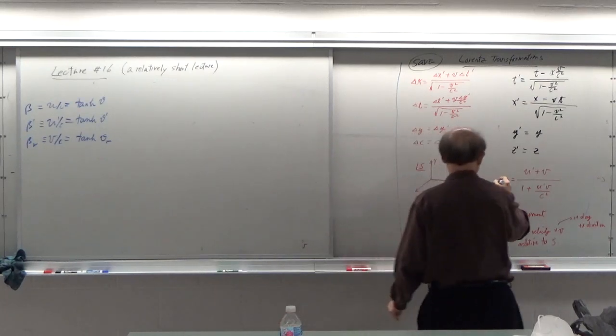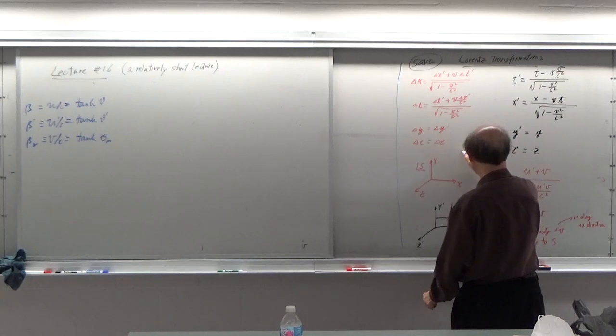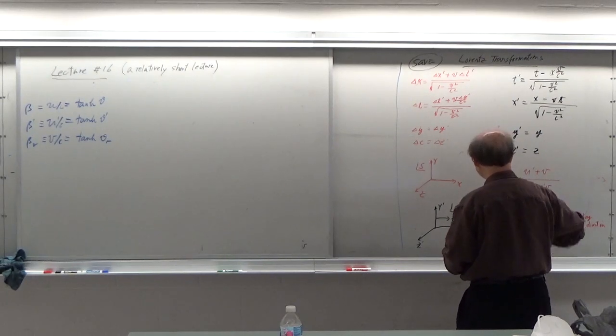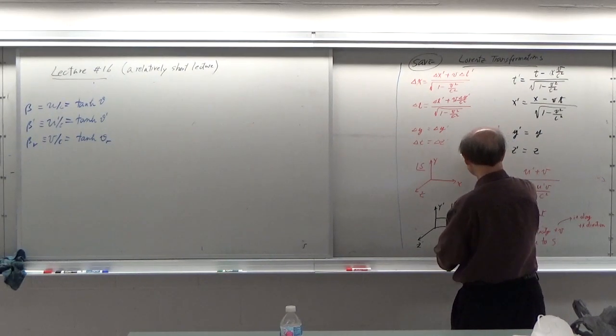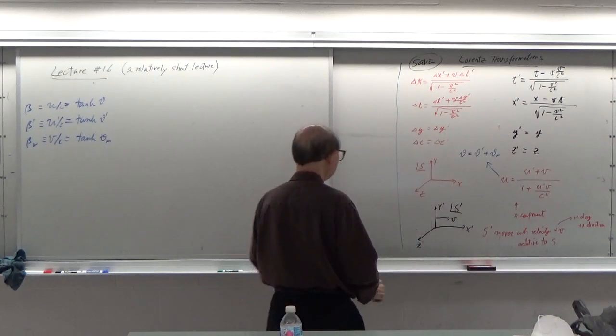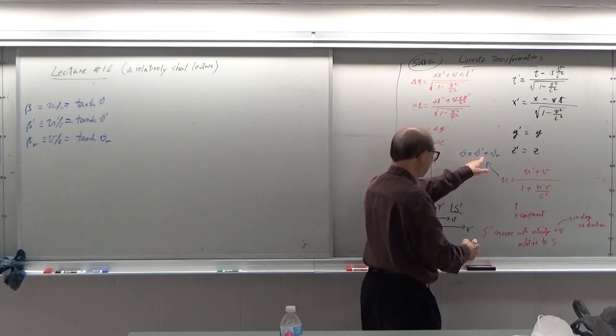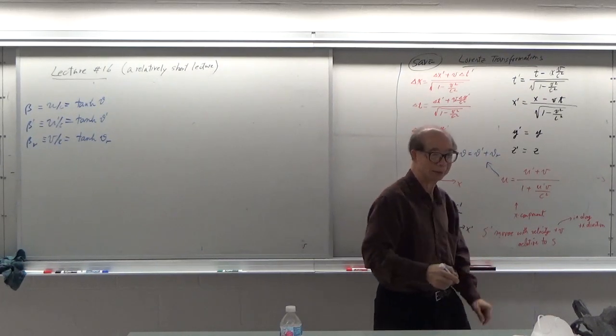This can be written as theta equals theta prime plus theta sub r. So obviously, there's no denominator on the right side.